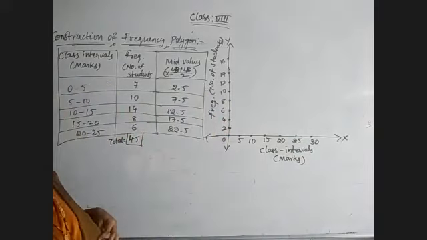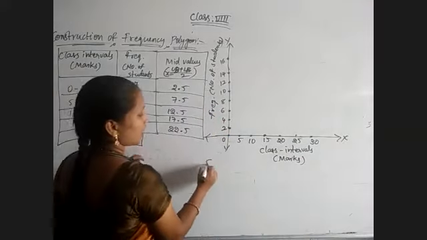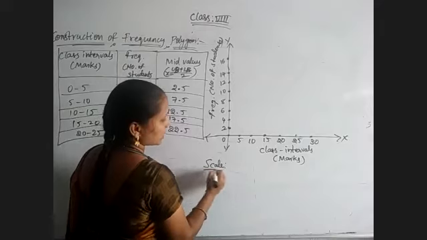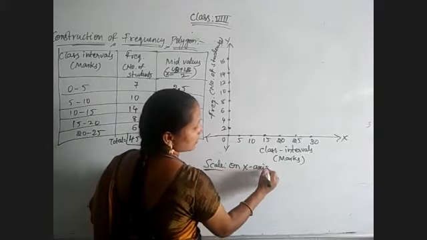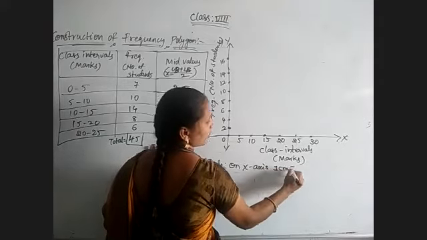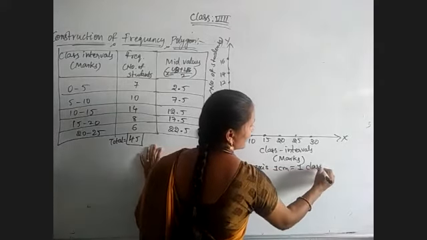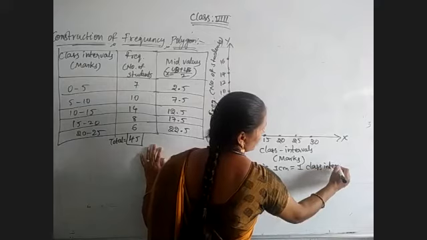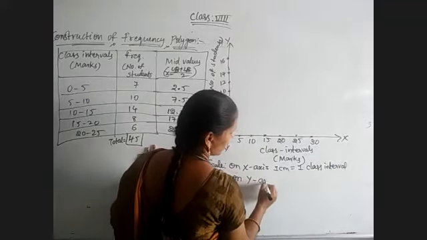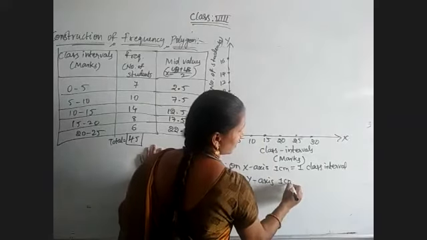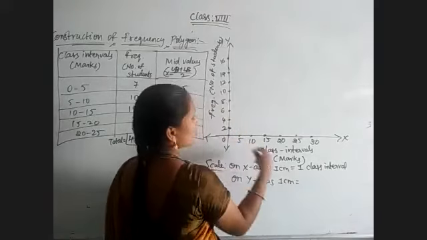Now, so we have used the scale on the x-axis: 1 centimeter equal to 1 class interval. And on the y-axis, 1 centimeter equal to 2 students.